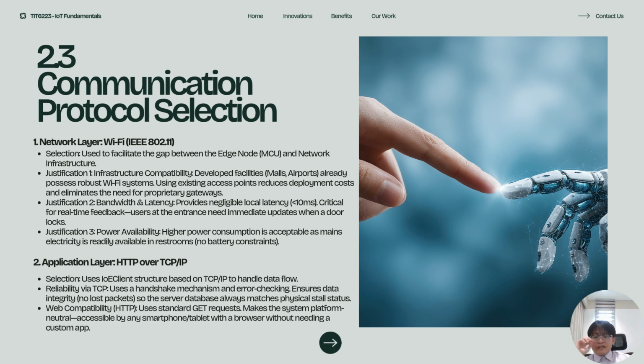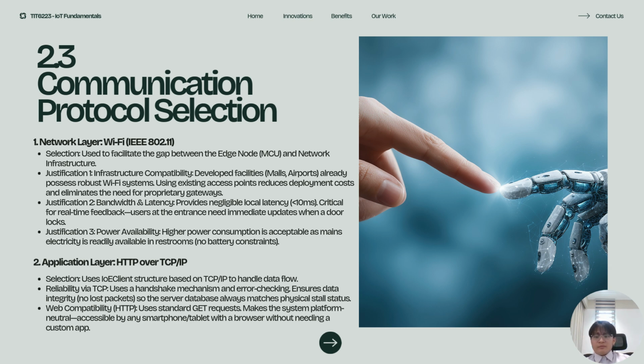Second, for the application layer, we utilize HTTP over TCP/IP. We specifically choose the Transmission Control Protocol, TCP, instead of UDP because data integrity is paramount. We cannot afford to lose a packet that says a stall is occupied.